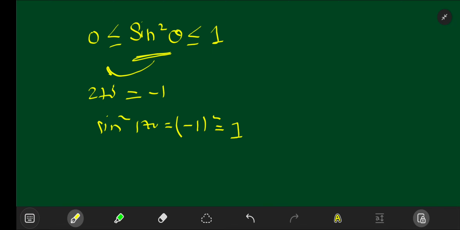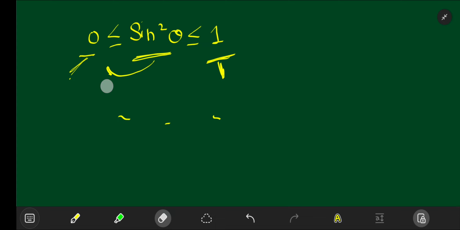So when we square sine theta, the negative portion will become positive. The minimum value of sine square theta, at 0 degrees, is 0, and the maximum value of sine square theta is 1. Negative portion, when sine theta is squared, becomes positive. Okay.